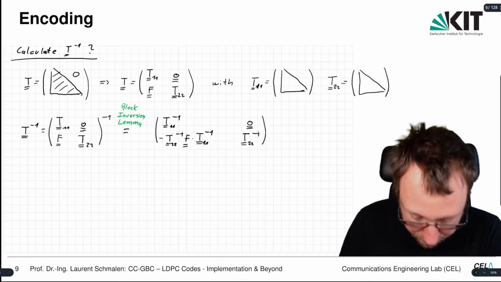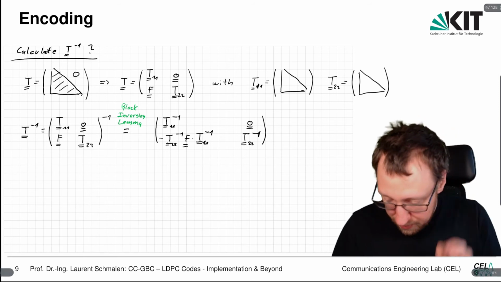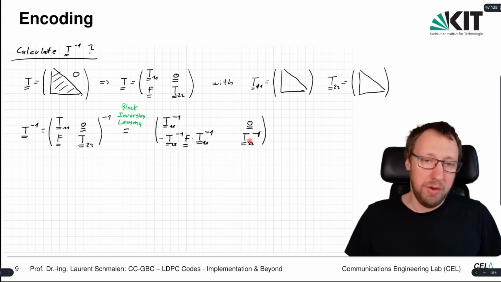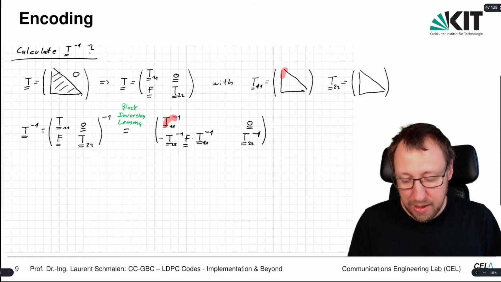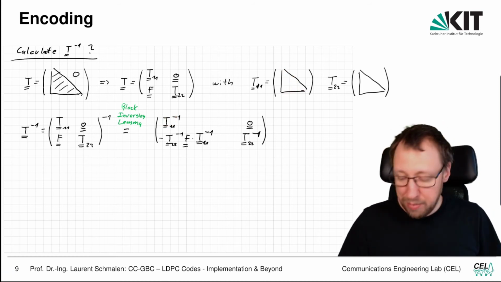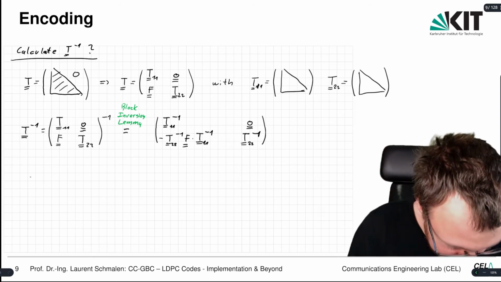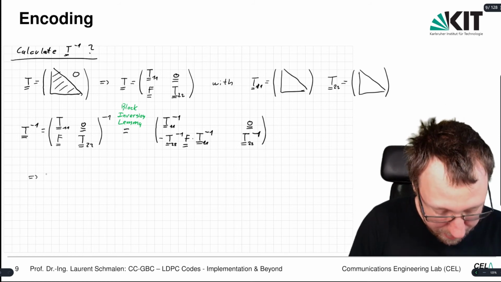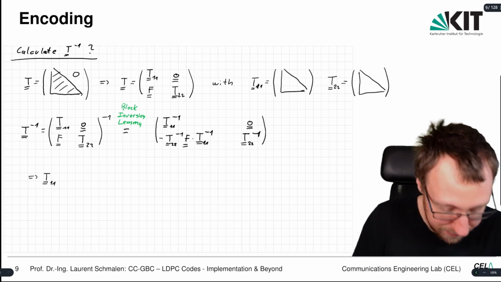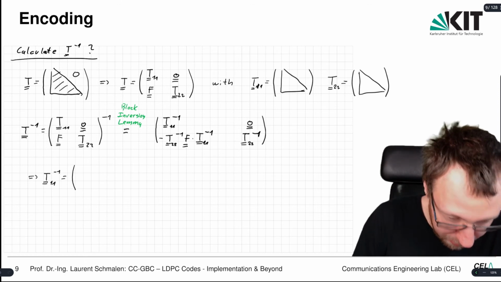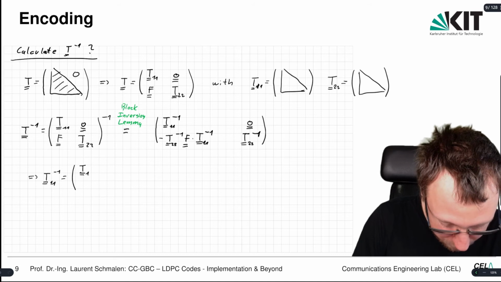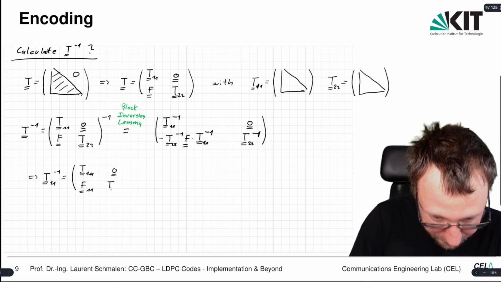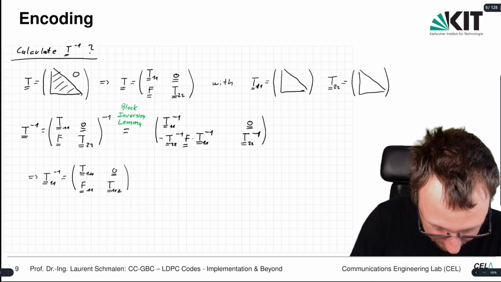And now again, you need to calculate an inverse of T11 and T22. You can do the same trick because T11 is a lower diagonal matrix. So you just apply the same trick. You calculate T11 inverse, that's equal to T111, F11, 0 and T112, inverse.